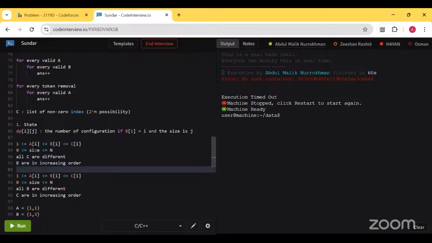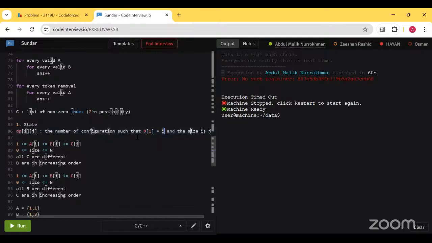After that, if we want to solve this, we want to calculate the number of this, then we can solve it using dynamic programming with a state like this: dp_{i,j}, the number of configurations such that the first value is i and the size is j.